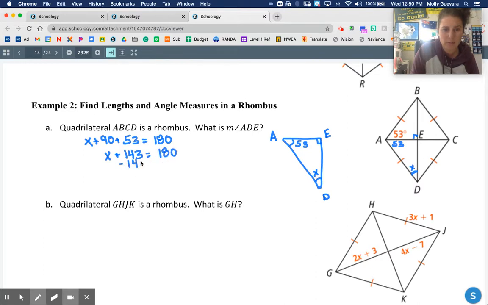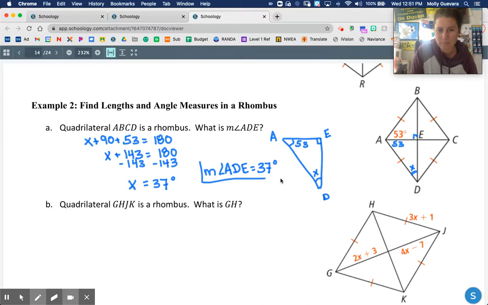Subtract 143 from both sides, and I get X is 37 degrees. So the measure of angle ADE is equal to 37 degrees. And that's it. So sometimes drawing those triangles separately can be really helpful.